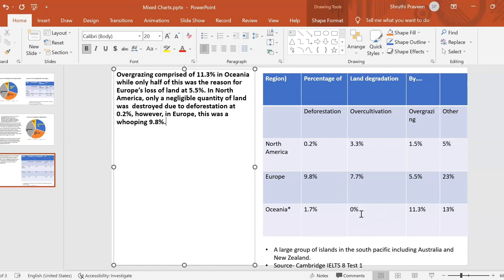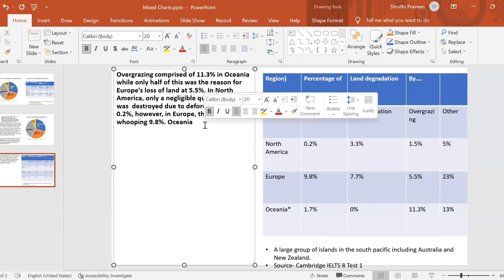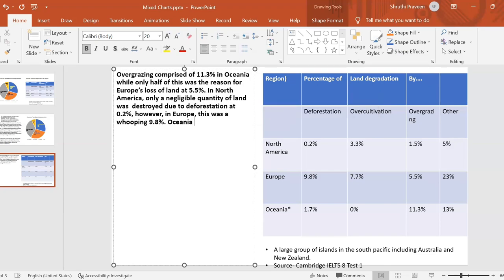Again, Oceania did not lose any land due to overcultivation. We can mention that also. Because when I check the word count here, up to 9.8%, it was only 145 words. So if your word count is met, then you don't have to write further. But mine was not met, so I have to write another additional detail.